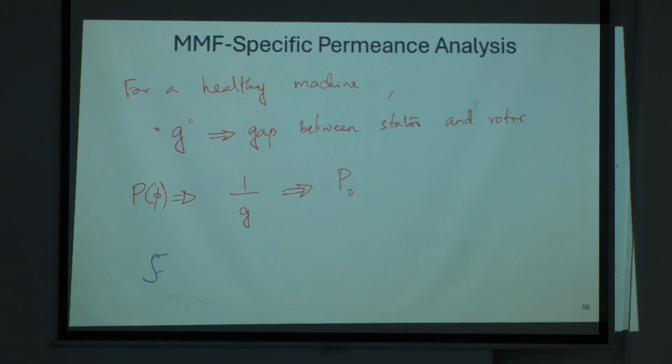MMF times permeance would be a flux or flux density, depending upon whether you are considering the area or not. And we are looking at the stator reference frame, right? So from the stator's reference frame, this would be nothing but P naught times the MMF equation itself. P naught is a constant. So instead of writing the summation, I am just leaving it out. You have to keep in mind that the summation always exists.